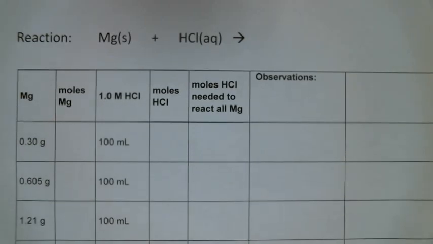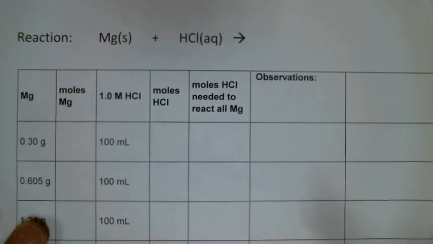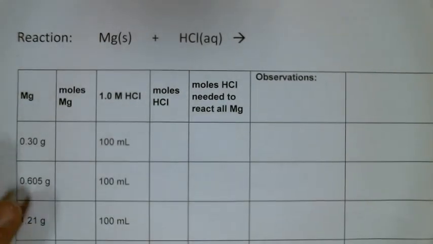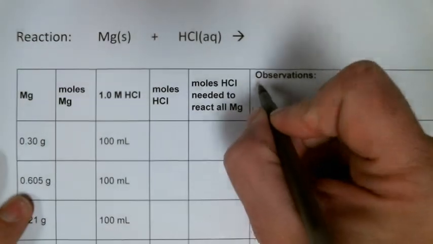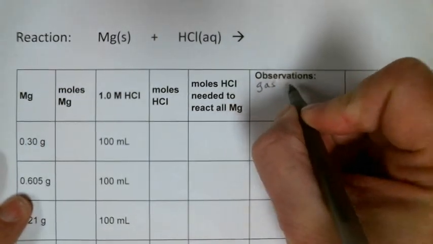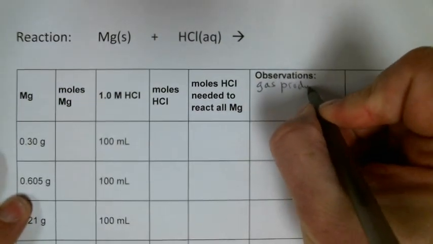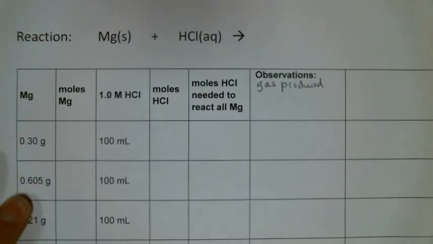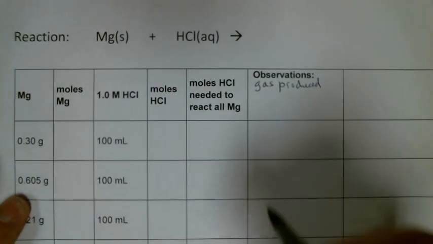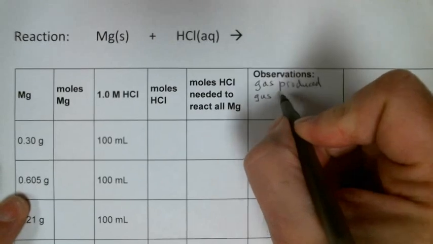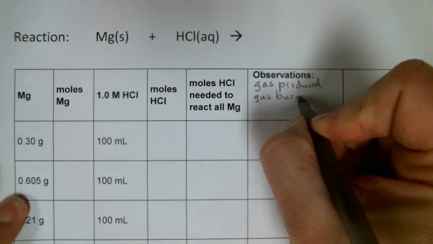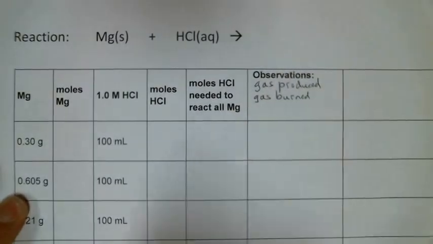The first thing is the general observations that were the same for all of the flasks. We noticed that there was a gas produced because the balloon filled up, right? And we noticed that that gas burned or exploded. So that might help us identify what the gas was.